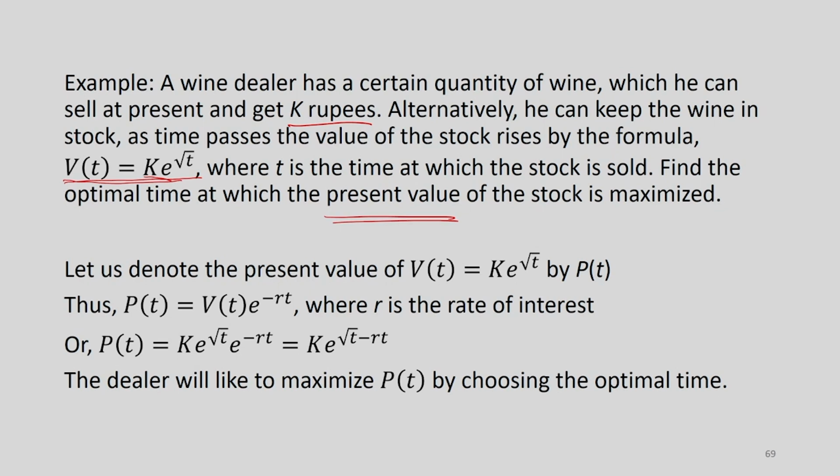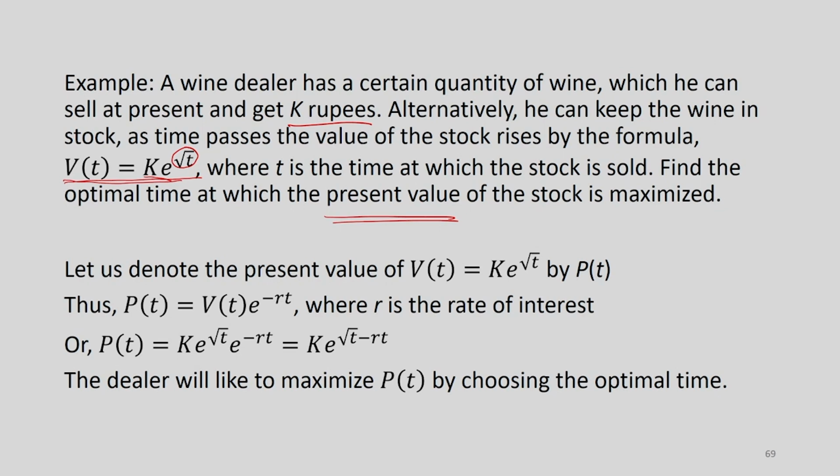So, after one period, actually the value of the wine has gone up by a factor of more than 2, and like that it will go on rising, right. As t goes on rising, the power will go on rising, and e to the power root over t will go on rising. Okay. So, that is the idea.